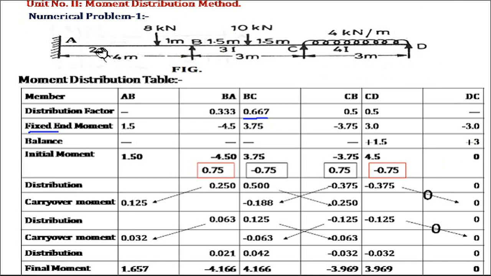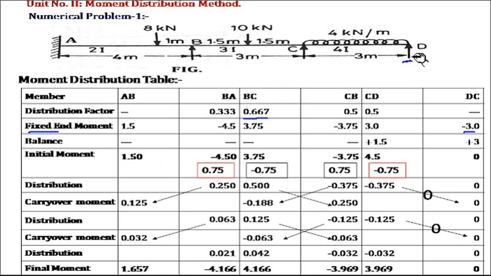Now in this figure, at D there is a simple support. When the support is simple, the bending moment at the end is 0. But in this table, the bending moment at member DC is minus 3. So here you have to apply the balance. The moment in member DC should be equal to 0 because it is a simple support.